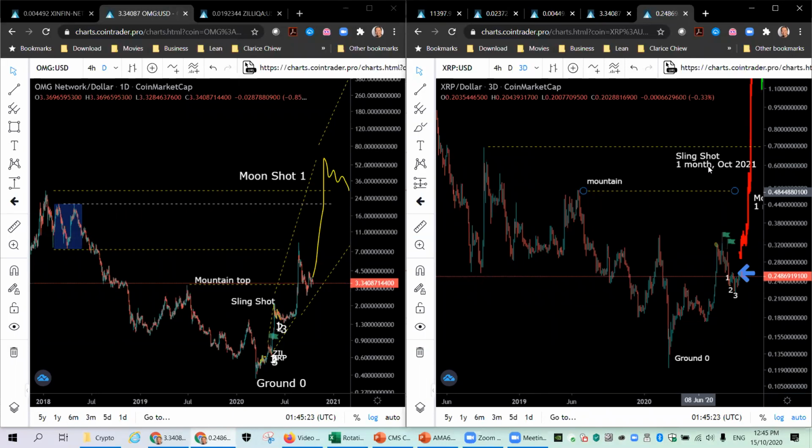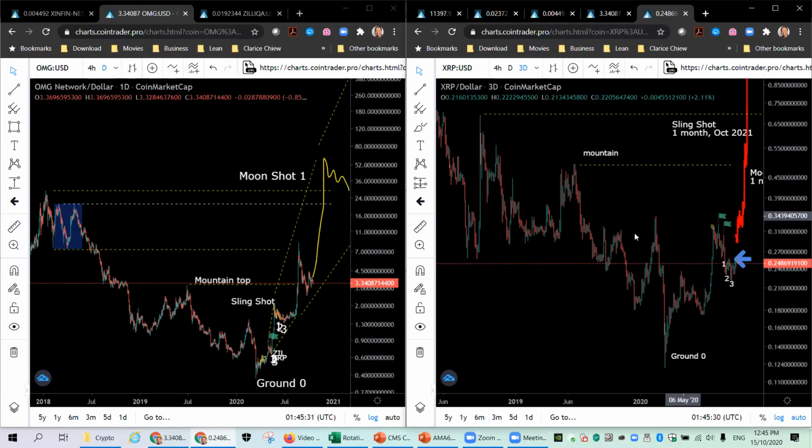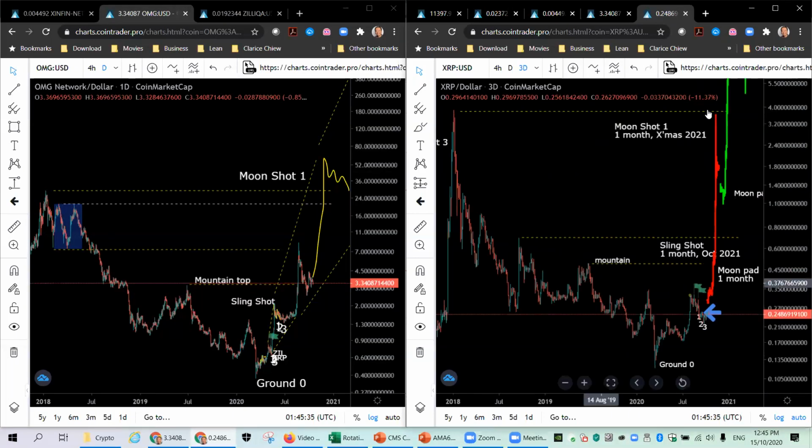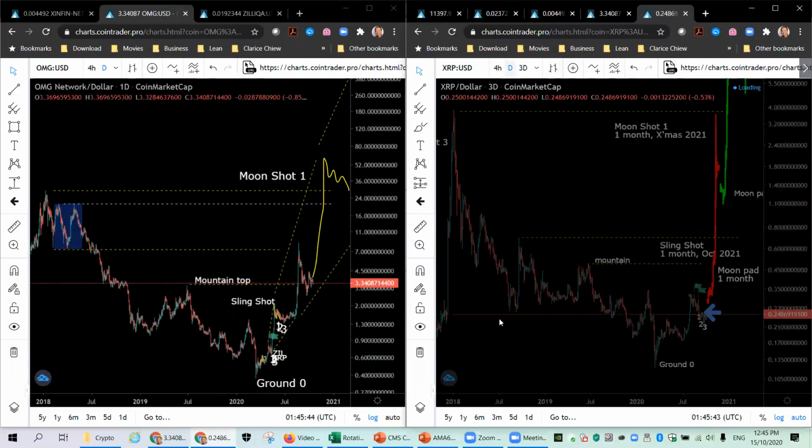So that's what I'm looking for in XRP. Once it finishes the slingshot going up and coming back down, then the moonshot one is heading back up to $3.30, right? So by Christmas, we are looking at $3.30 around there before it actually comes back down to about $2.